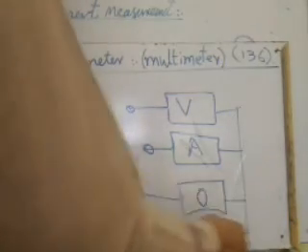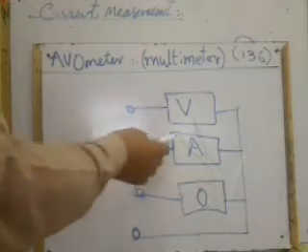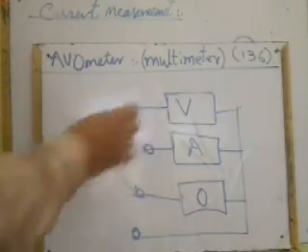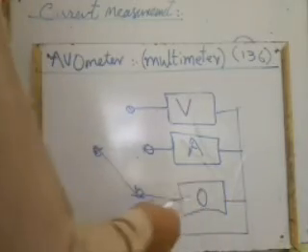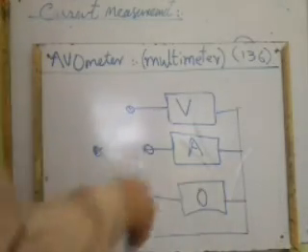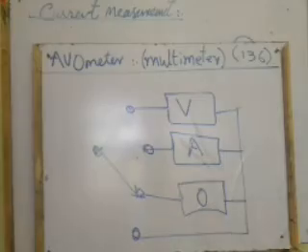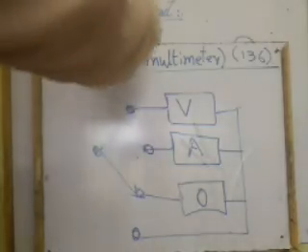Now this ohm meter is included in the circuit, and the rest of the two, voltmeter and ammeter, are out of the circuit, and we can use this ohm meter to measure the resistance of the circuit with the help of this AVOmeter or multimeter. This topic is given on page number 136.